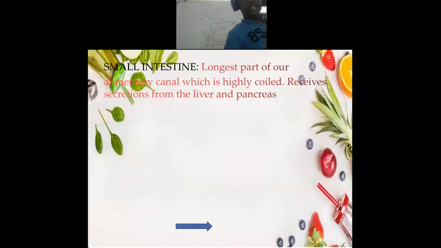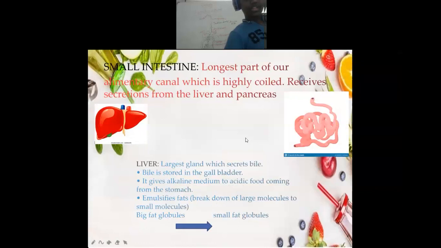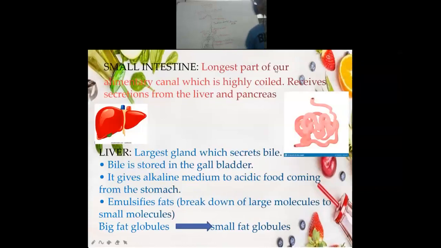Now coming to the liver. As I told you, it is the largest gland in our body, and it secretes bile juice. What is the use of bile juice? It gives an alkaline medium to acidic food, that is, it neutralizes the acidic food.